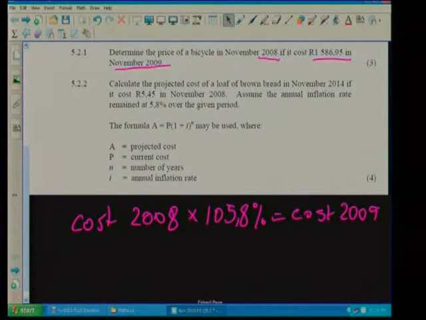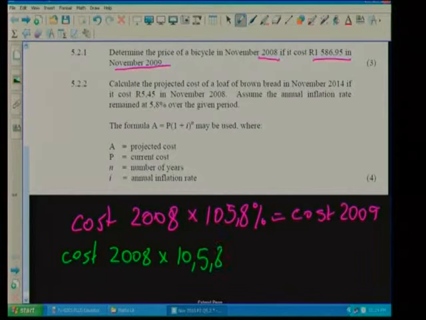Let's get a green pen. So I've got my cost in 2008 times 105.8% is equal to 1,586 Rand and 95 cents. So that's what the statement's telling me.